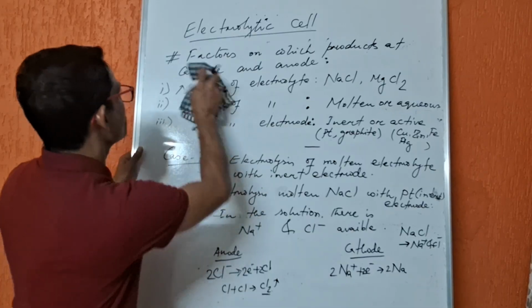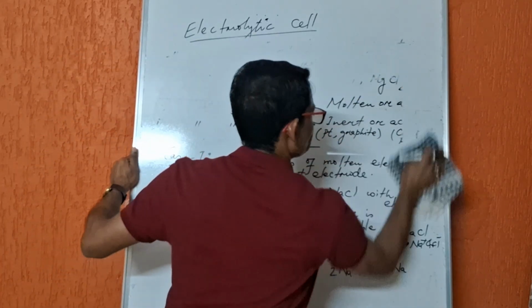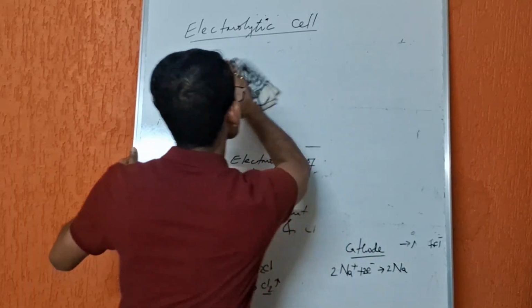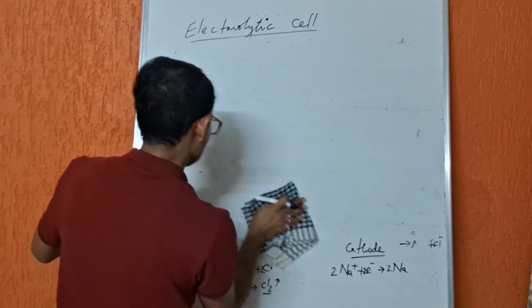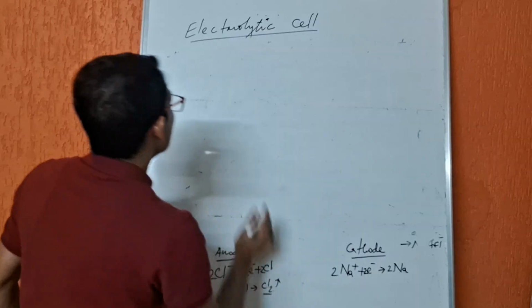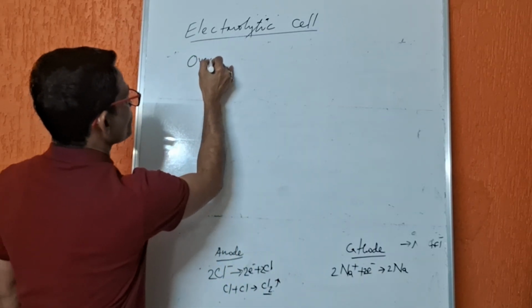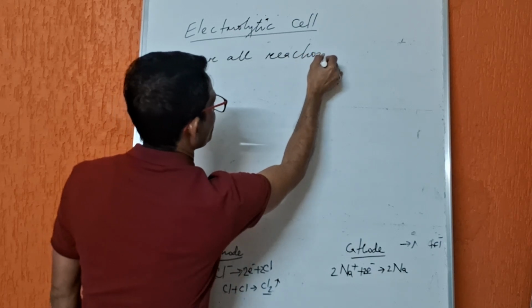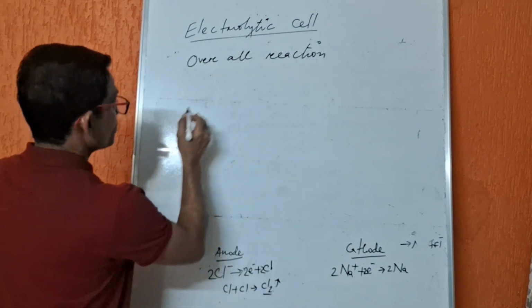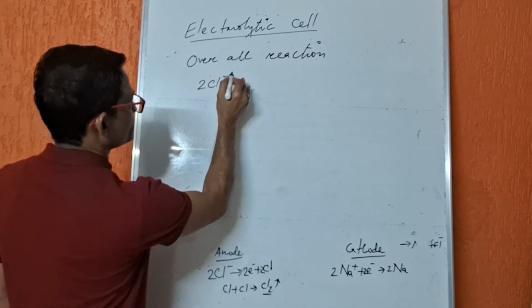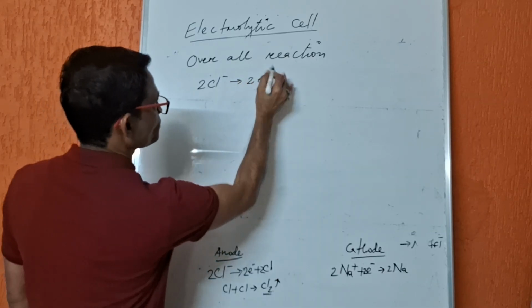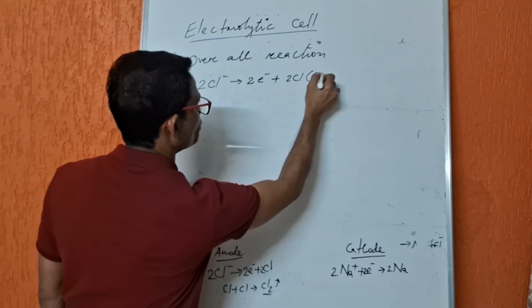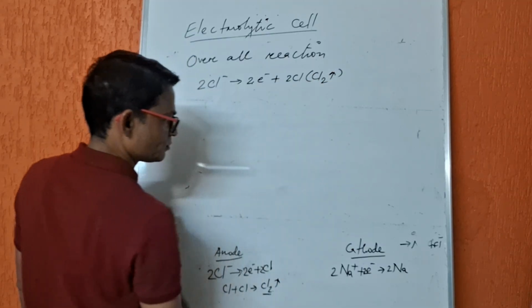So overall, 2 Cl minus lose 2 electrons and form 2 Cl, that is Cl2 evolution.